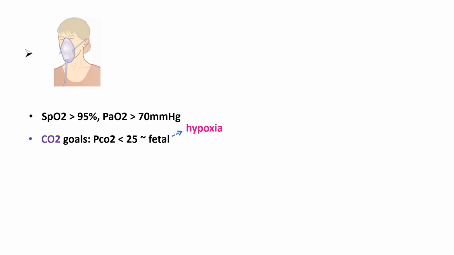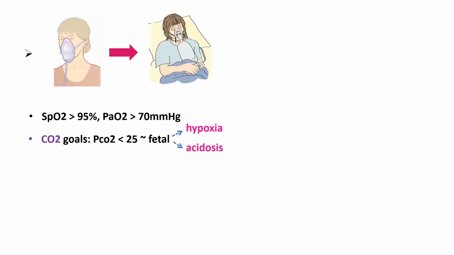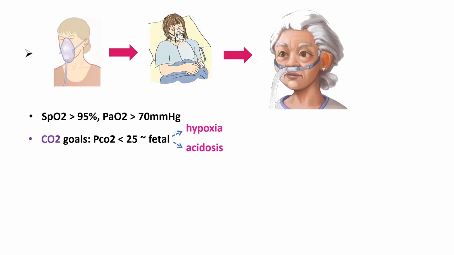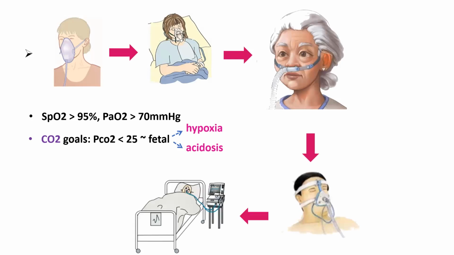Carbon dioxide, PCO2 less than 25 has been shown to cause fetal hypoxemia and fetal acidosis. The general principles of managing respiratory failure with oxygen devices apply to pregnancy, from mask oxygen to rebreathing mask to HFNO to NIV and then to intubation.